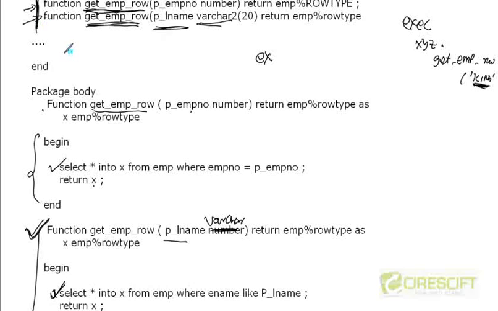Same concept as you have done in C++ or Java, where we have the same name, but at runtime it determines which program unit is going to be executed. Okay, so having said that, let's see what cannot be done. The restrictions are like this.